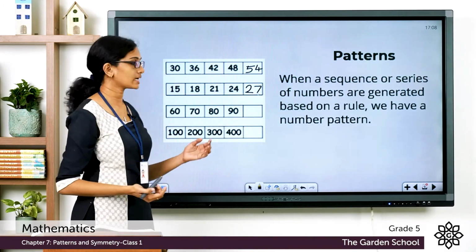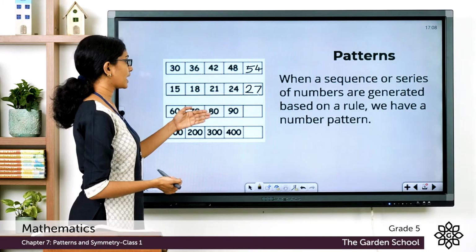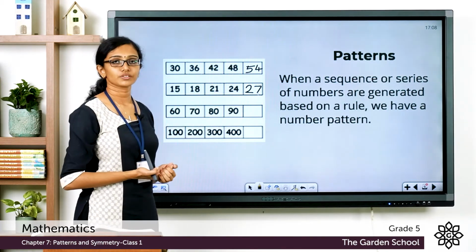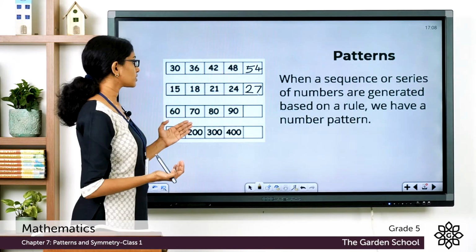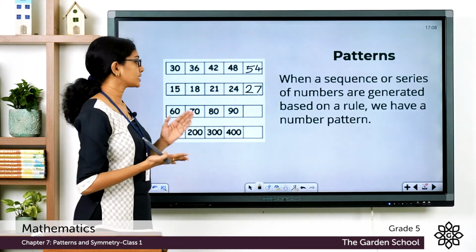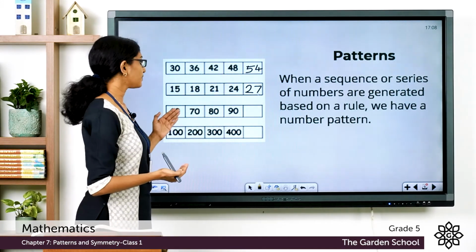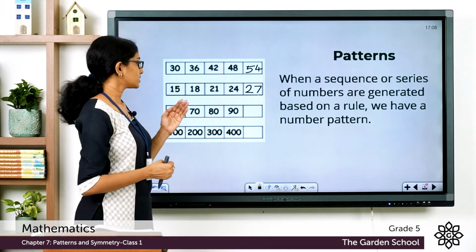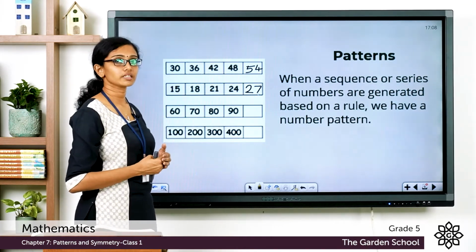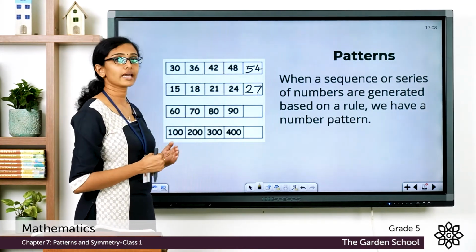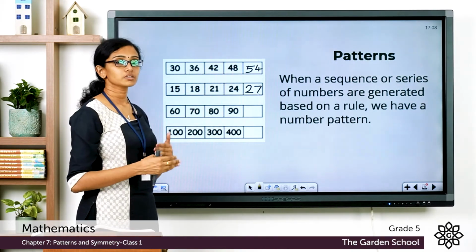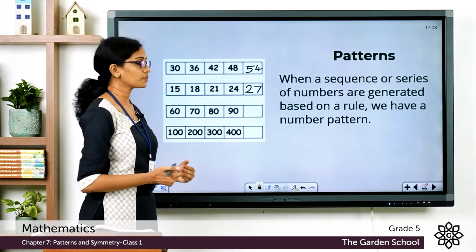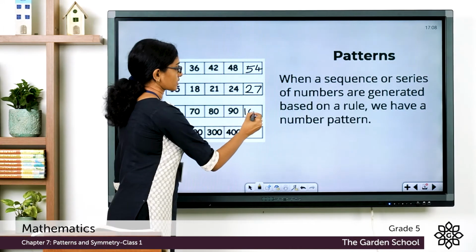Now let's see the third case. 60, 70, 80, 90 and dash. See, the numbers are increasing with a difference of 10. 60 plus 10 is 70, the next is 80, then 90. So what should be the next number? It should be 100.